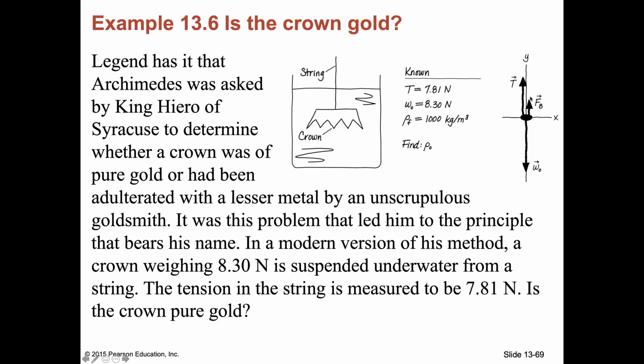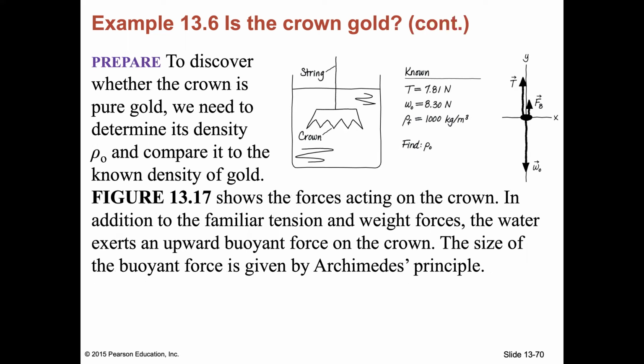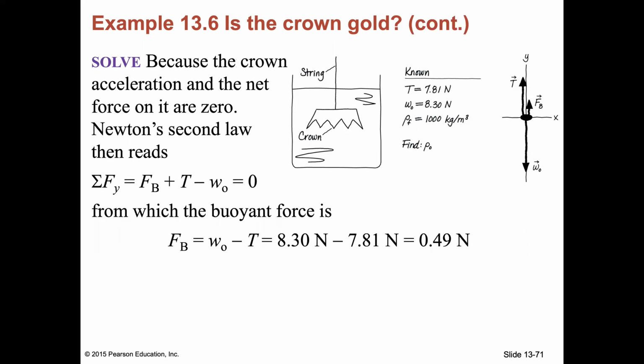From the buoyant force, you can calculate the displaced volume of water based on the equation of buoyant force. And the displaced volume of water equals the volume of the crown. Once you have the volume of the crown and the weight of the crown, you can calculate the density of the crown. Now let's see the process.